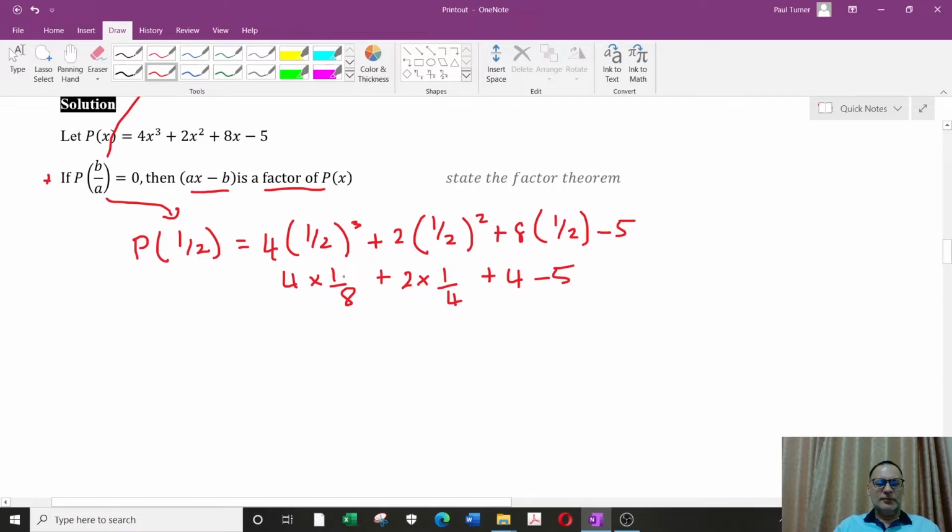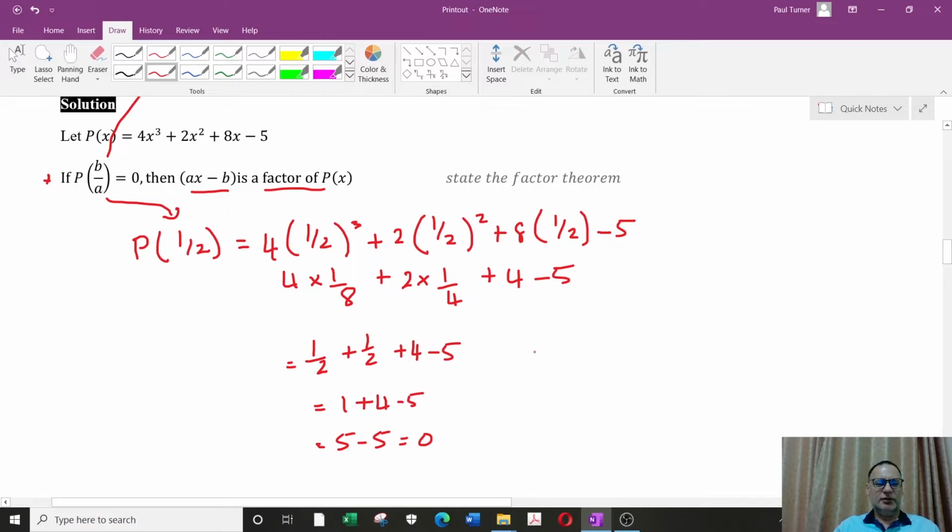So 4 times 1 on 8 will be a half. 2 times a quarter will be 2 on 4, which is a half, plus 4 minus 5. A half plus a half is 1. 1 plus 4 minus 5. So 5 minus 5, which is 0.